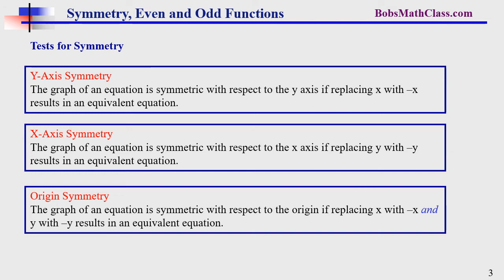So if you replace x with negative x and do any algebra you can to make it come out to the same equation, then it's symmetric with respect to the y-axis.